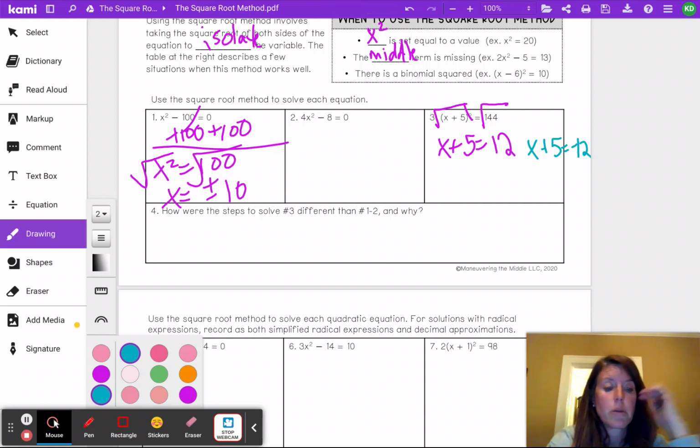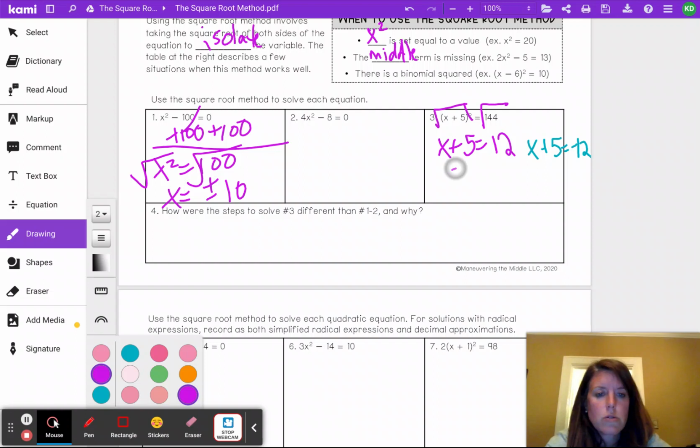So we're going to have two separate equations that we need to find solutions for x. So we need to subtract 5 from both sides, and x equals 7. And then on the other side, subtract 5 and subtract 5. And now we have x equals negative 17.